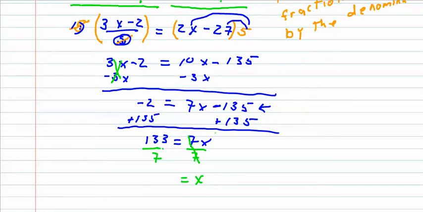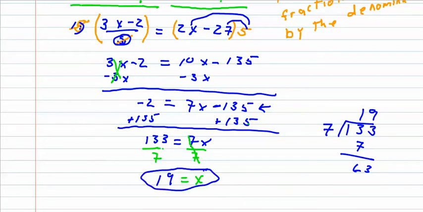If I divide 133 by 7, 7 and 63, 19, x is equal to 19.